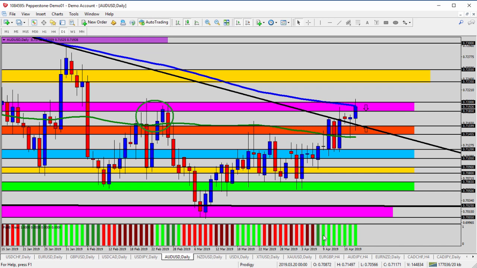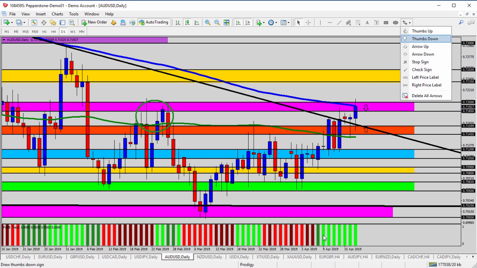The question is, will it bounce off of it like it has for the past couple of days, or finally break through it and continue to go higher for the Australian dollar? If it pushes through the pink zone, that's of course a rising AUD, the Aussie getting stronger against a falling USD.